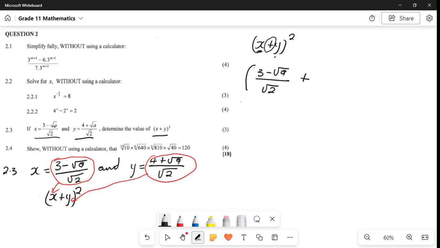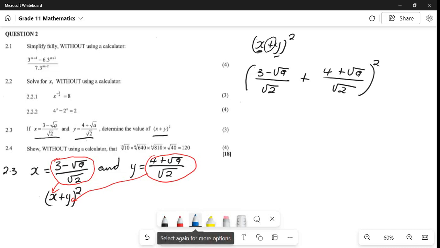And what is the value of y? The value of y is 4 plus square root of a all over square root of 2. So nice. We must not forget that we have this exponent, which is to the power 2.